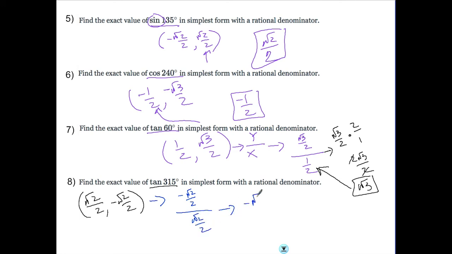Don't cry, invert, and multiply. You're going to invert the bottom one. These are going to cross out. These are going to cross out. It does not equal 0, you guys. We're crossing out common multiples that are equal to 1. So really what I have is 1 times 1 over 1 times 1, and this negative sign makes this -1. Final.